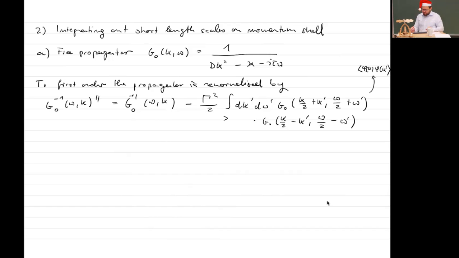So now, in the language of Feynman diagrams, this is just this. We have these two arms here, and we integrate over the k's.